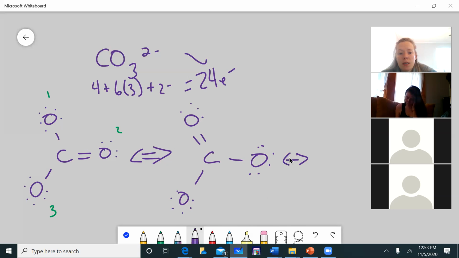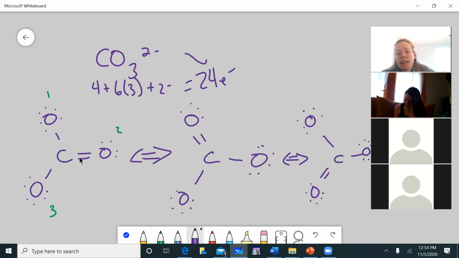So I'll do another one here. Carbon, single, double, double, single, oxygens. So all of these structures are correct. And in fact, they're sort of all simultaneously happening. That's why they're called resonant. They're resonating between each of these possible options.